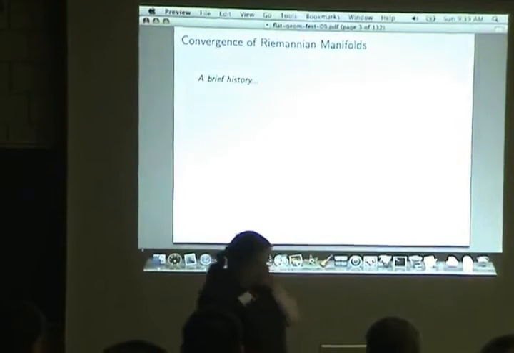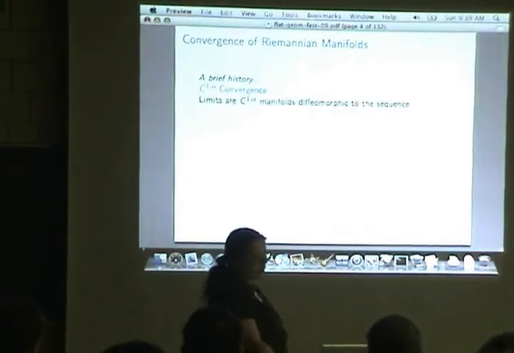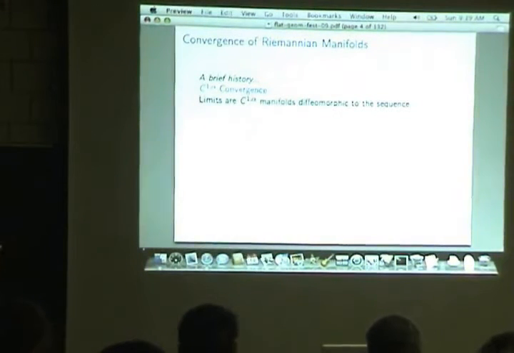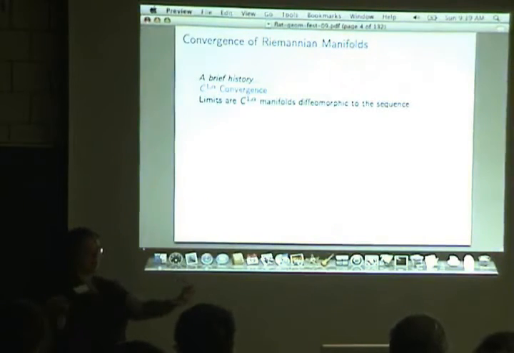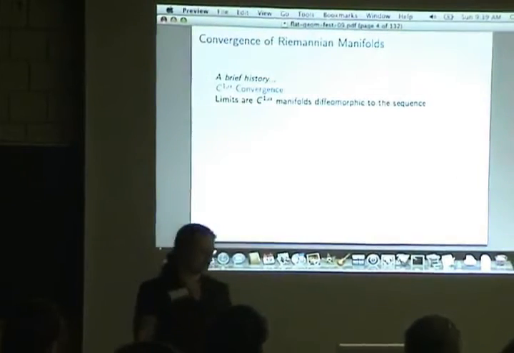So let me just give a brief history about the convergence of Riemannian manifolds. There was C1 alpha convergence, where you have to compare diffeomorphic manifolds, and you map the one metric over to the other, and you look at the C1 alpha convergence of the metrics.